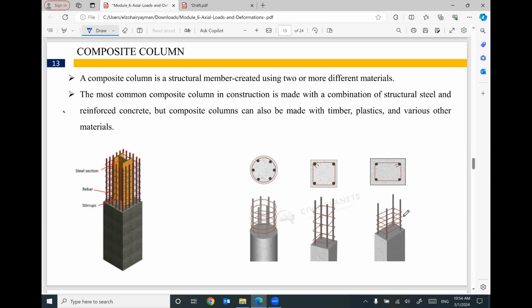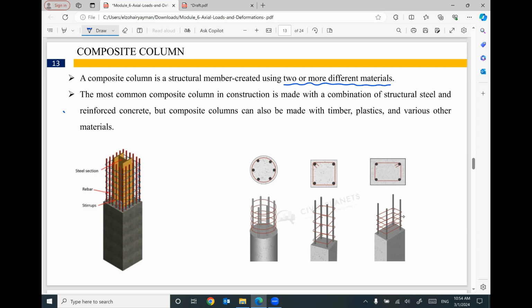In this video, I will discuss the axial stress and axial deformation in composite members. A composite member or composite column is a member created from two or more different materials, maybe three, four, five, whatever.